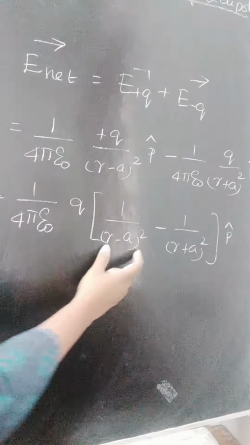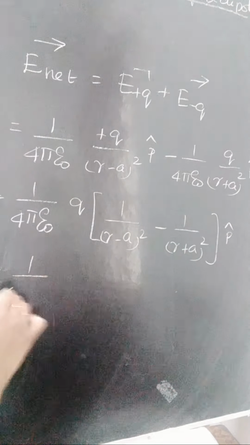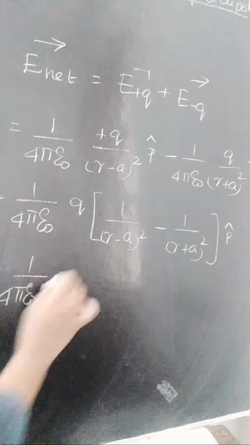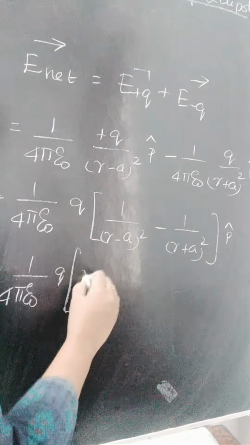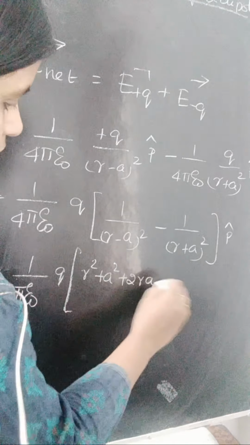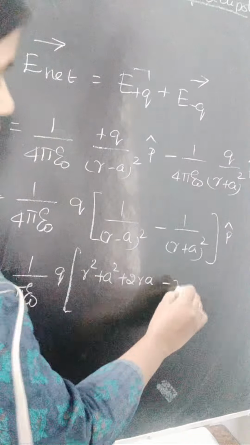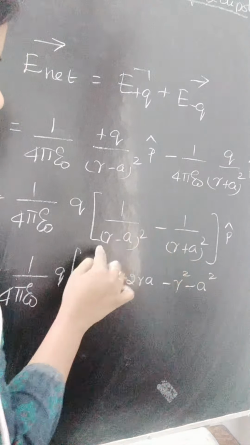Now we have to expand this one and go for LCM, taking cross multiplications too. So 1 by 4 pi epsilon naught Q into, if I expand this one and take LCM, R square plus A square plus 2RA, and this side R square minus, because minus is there, right?